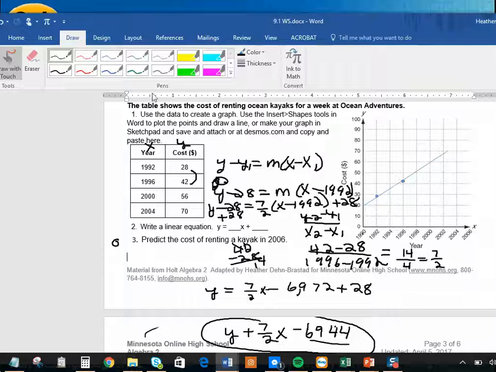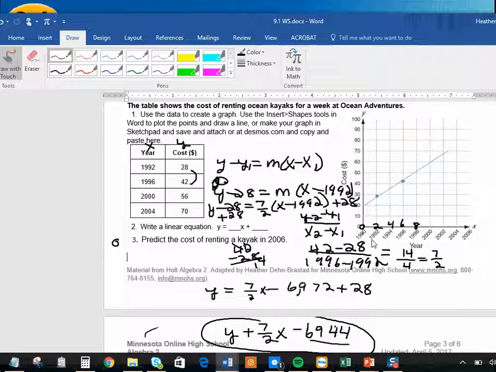Now another way of doing this is you could just use these values as years after 1990. So you could use this as 0, 2, 4, 6, 8, which changes a lot of things. And it would change that y-intercept to make more sense with this graph. But I was using the actual years.